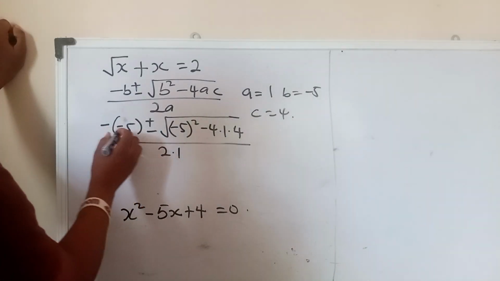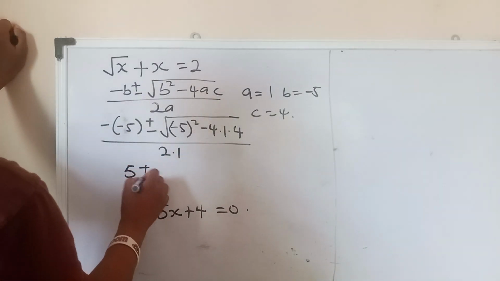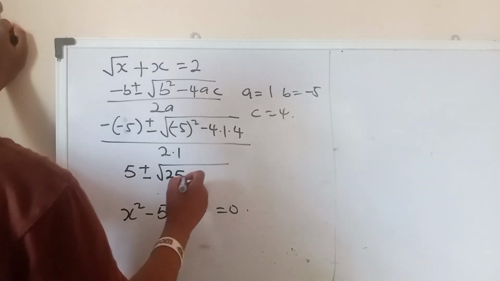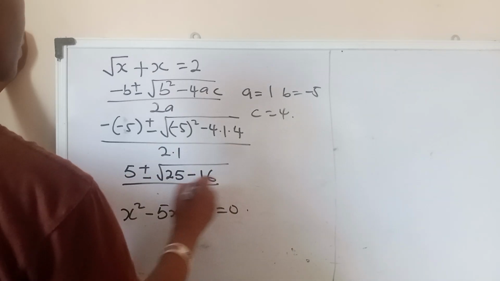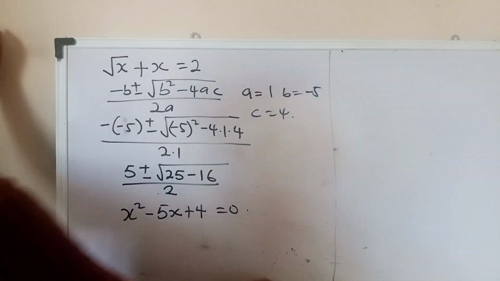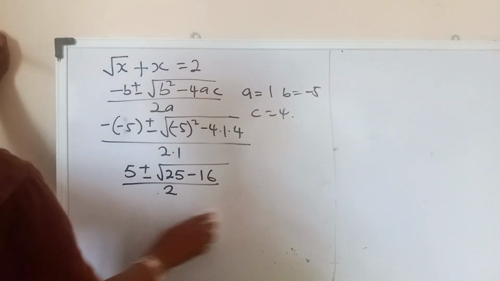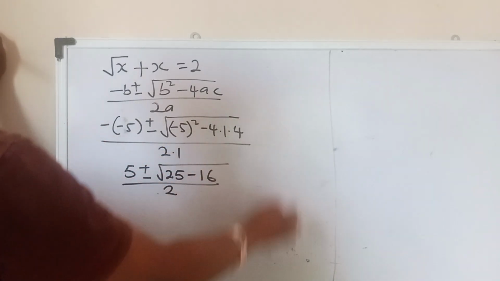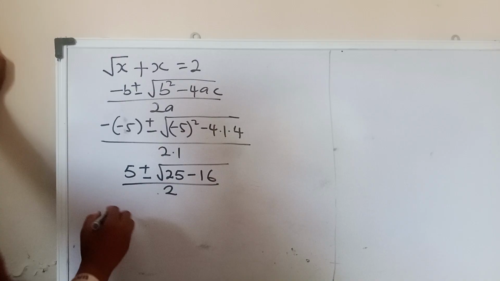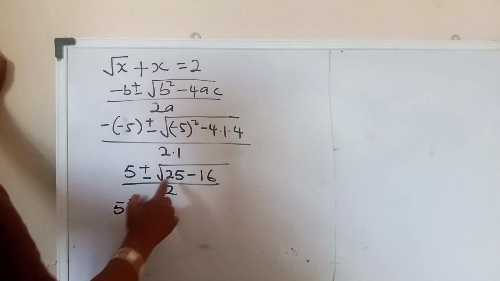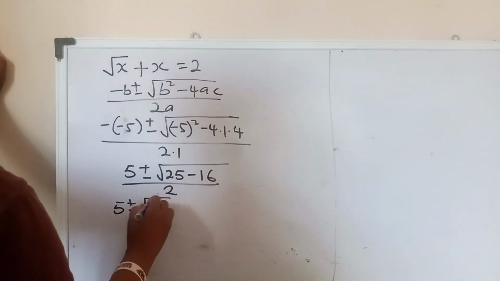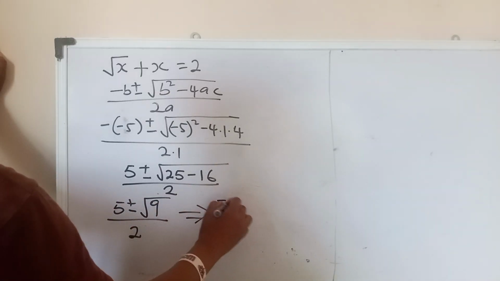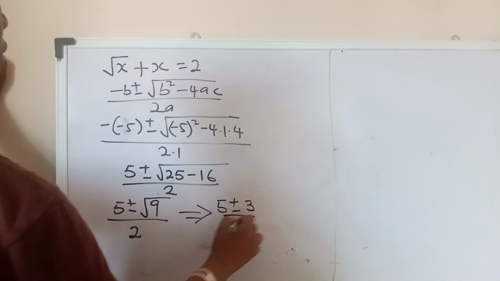So this will give us minus times minus plus, and this will give us 25, and this is minus 16 all over 2. So now we can wipe this one and this one. Okay, so this is 5 plus or minus square root of 9 all over 2. This means 5 plus or minus 3 all over 2.